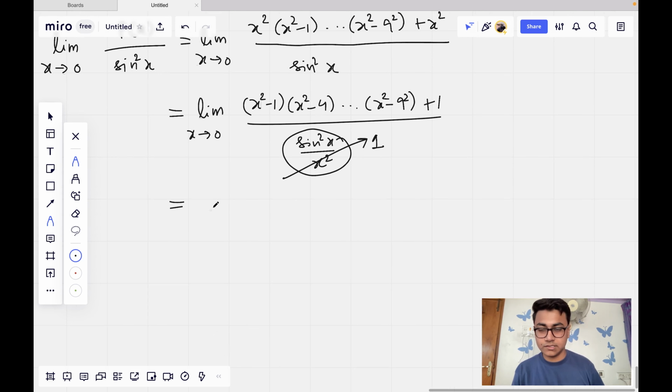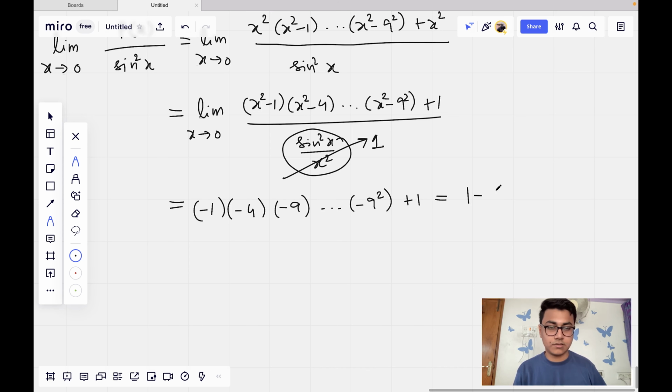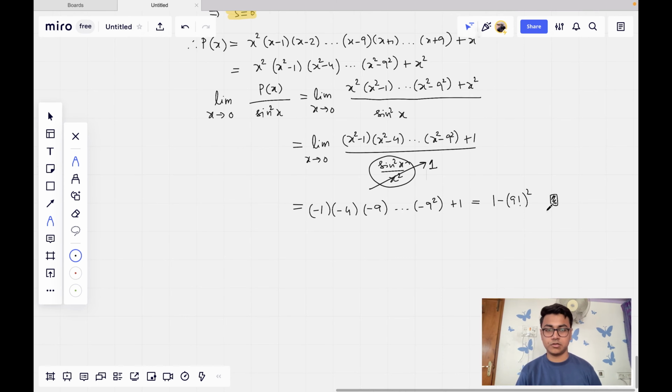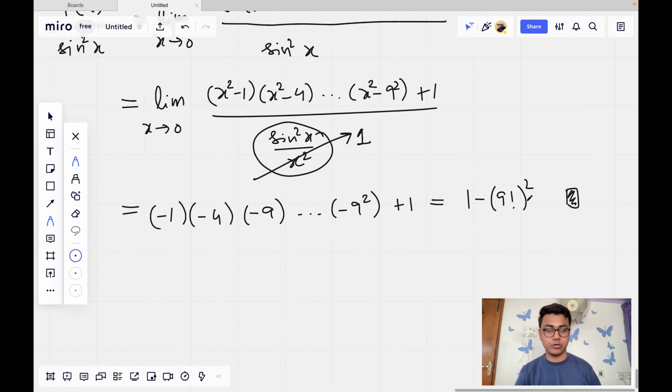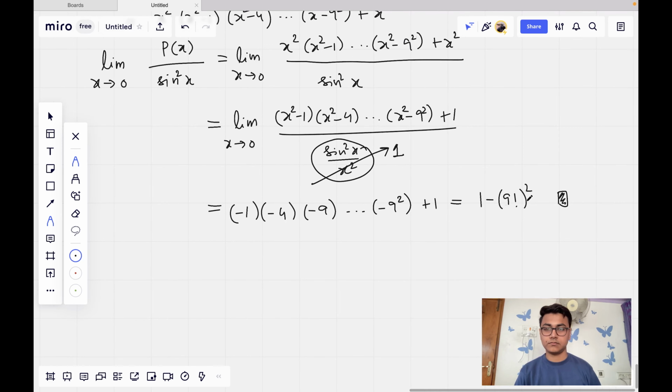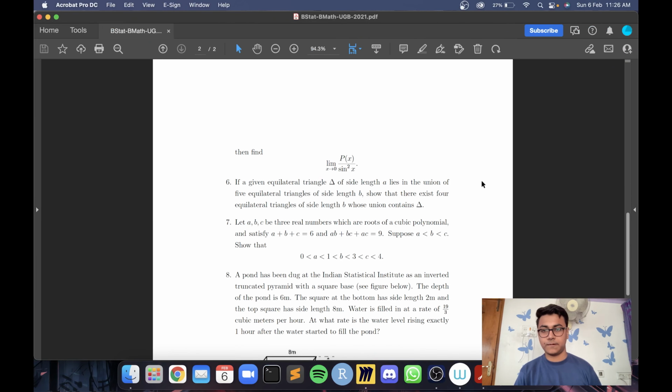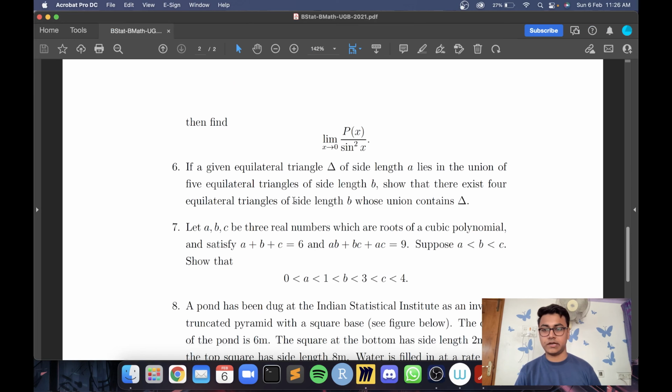This gives the value of this as minus 1, minus 4, minus 9 till minus 9 squared, plus 1, and this value is very easily 1 minus 9 factorial squared, and this is our answer. Here's the final answer. So this was a very simple, doable question. Okay, we're done with 5 questions and 3 remain.